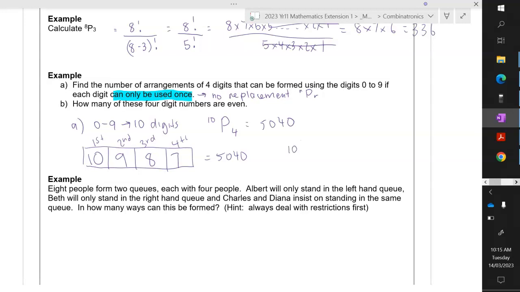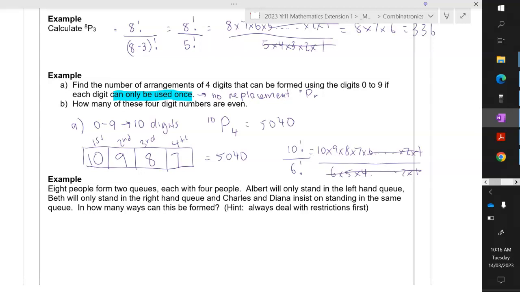So that would be 10 factorial over 10 minus 4 factorial, which is 6 factorial. That's 10 times 9 times 8 times 7 times 6, all the way down to 2 times 1, all over 6 times 5 times 4, all the way down to 2 times 1. So this part cancels with this part, and we've just got left 10 times 9 times 8 times 7. So this is where they're all linking together, really.